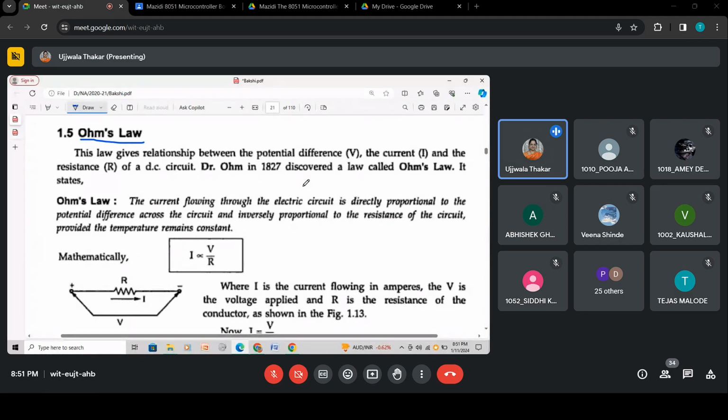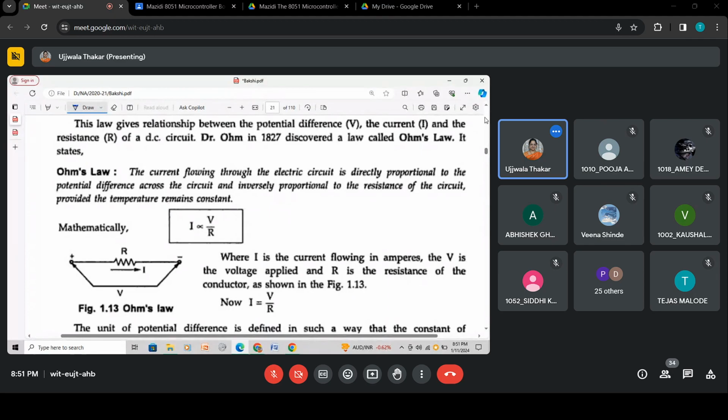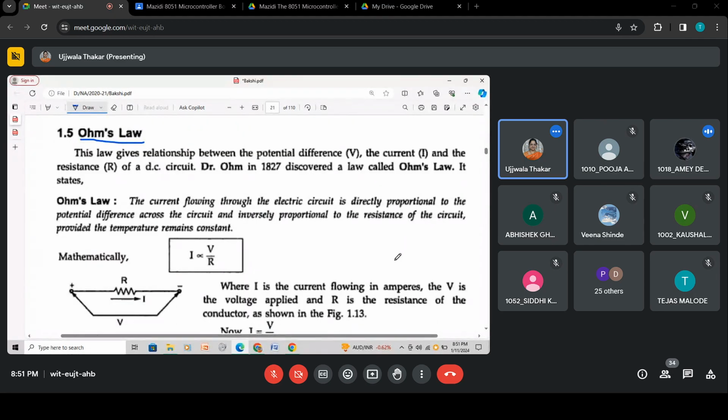Are you able to see this? Yes, ma'am. Okay, thank you. Ohm's law is the basic law, and an electrical engineer should not forget this. So what is Ohm's law?